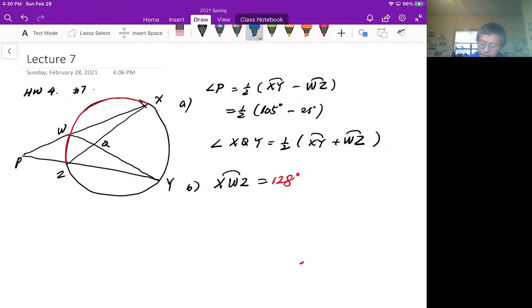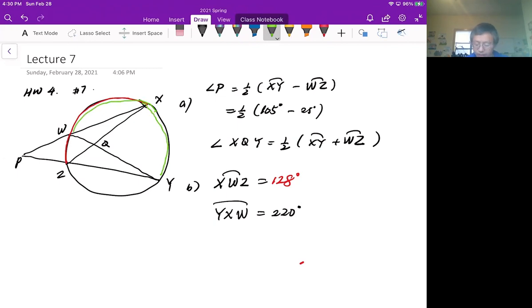And then I have another arc, Y, X, and W. This is 220 degrees. So where is that? Let me use this. So Y, X, and W. So I get that one. That's the green arc.